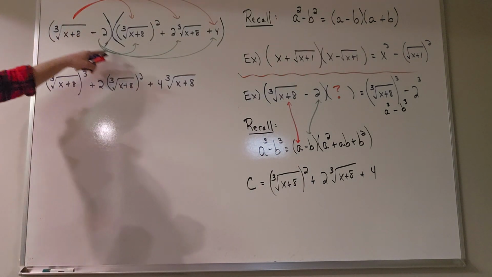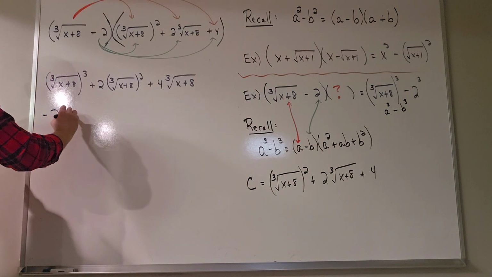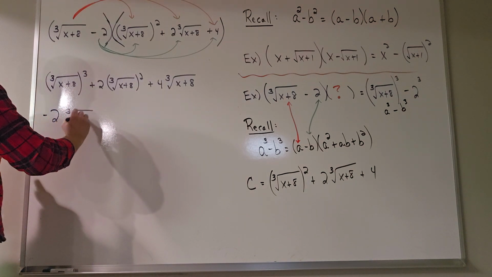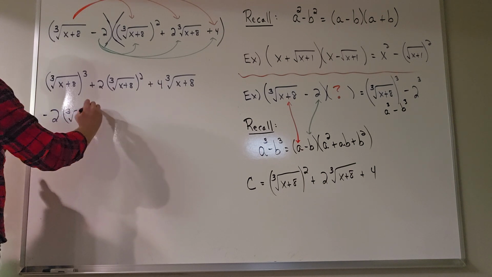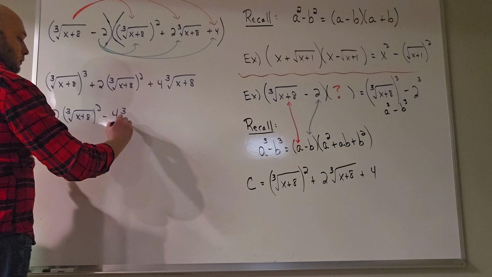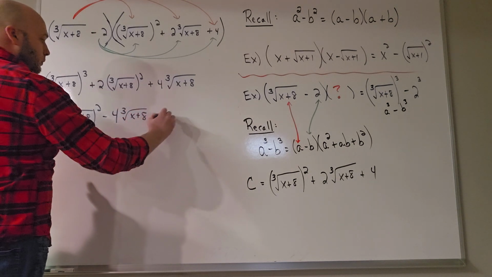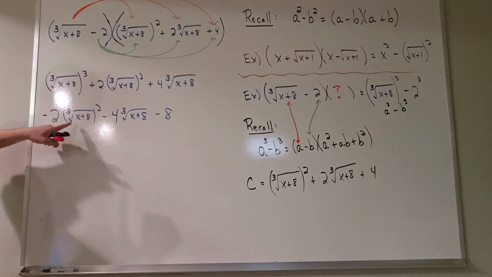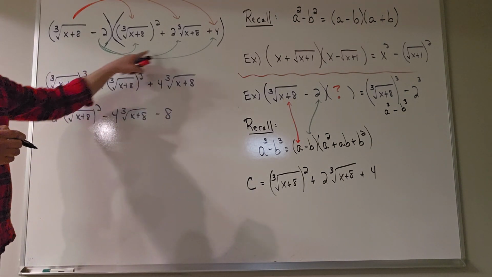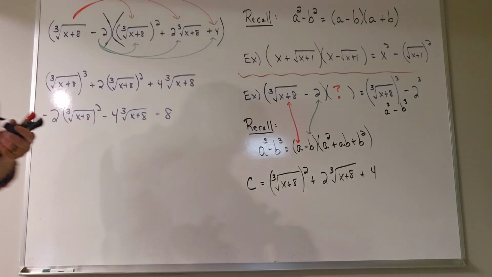Now let's distribute the negative 2. These 3 terms here are the 3 green arrows distributing the negative 2 to those 3 terms.